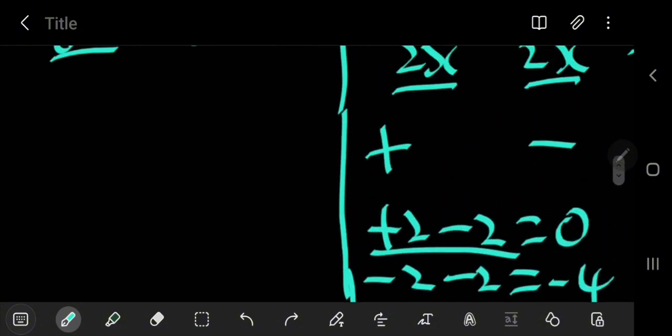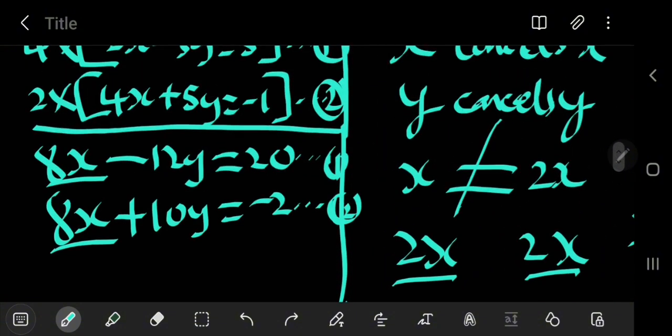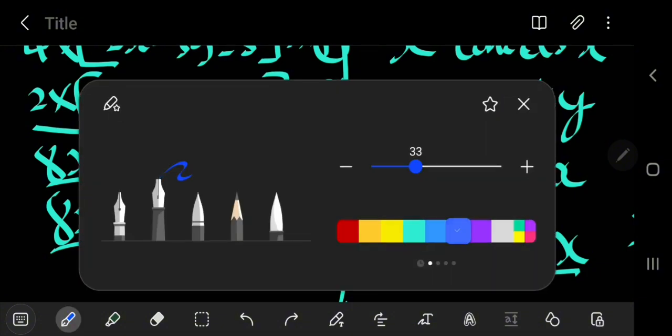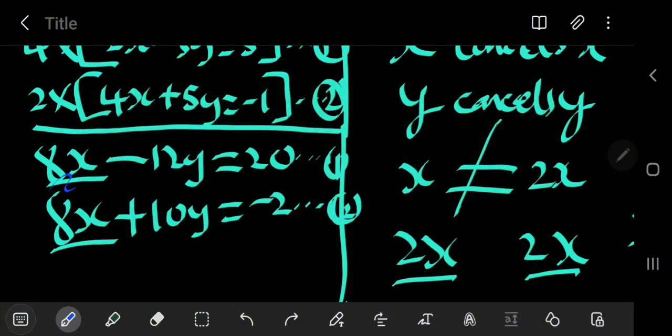Now we've agreed it is going to be a minus. Now going back to our question, since we agreed on a minus, we have to indicate it. So I have to change the color of my pen. So we agreed it to be a what? A minus.